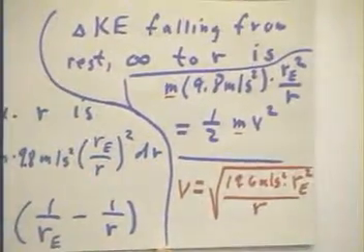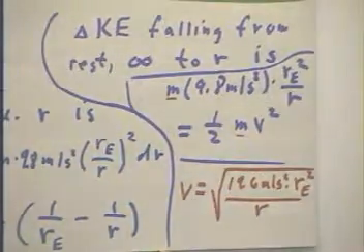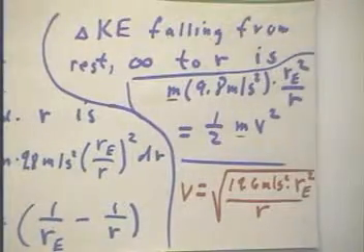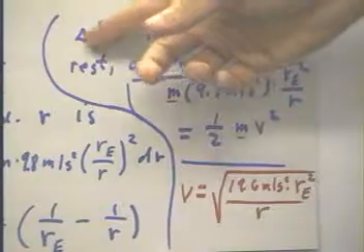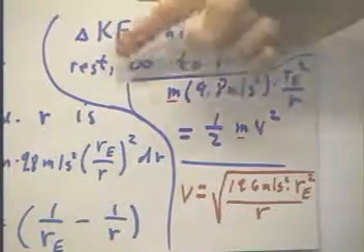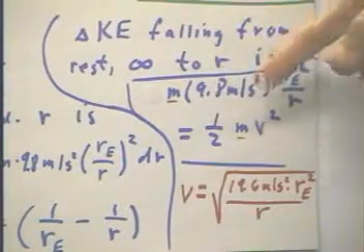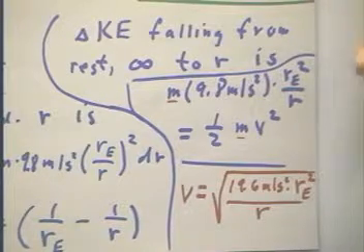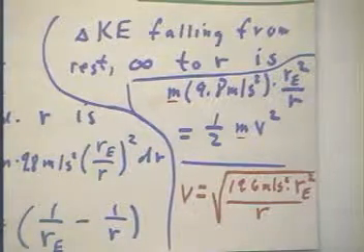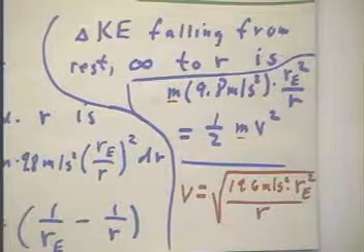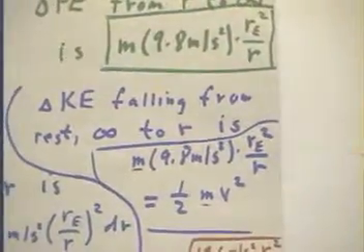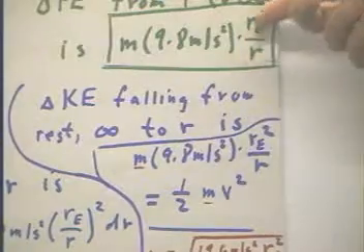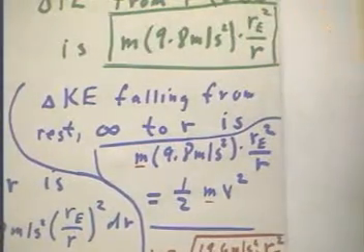If something falls from very, very far away, which is practically like falling from infinity because there's not much potential energy out there past a certain point, the change in kinetic energy falling from rest from infinity to radius r is what? Well, it's the negative of the change in potential energy. The potential energy is going to decrease. Now remember, the potential energy out there was m times 9.8 meters per second squared times re squared over r.